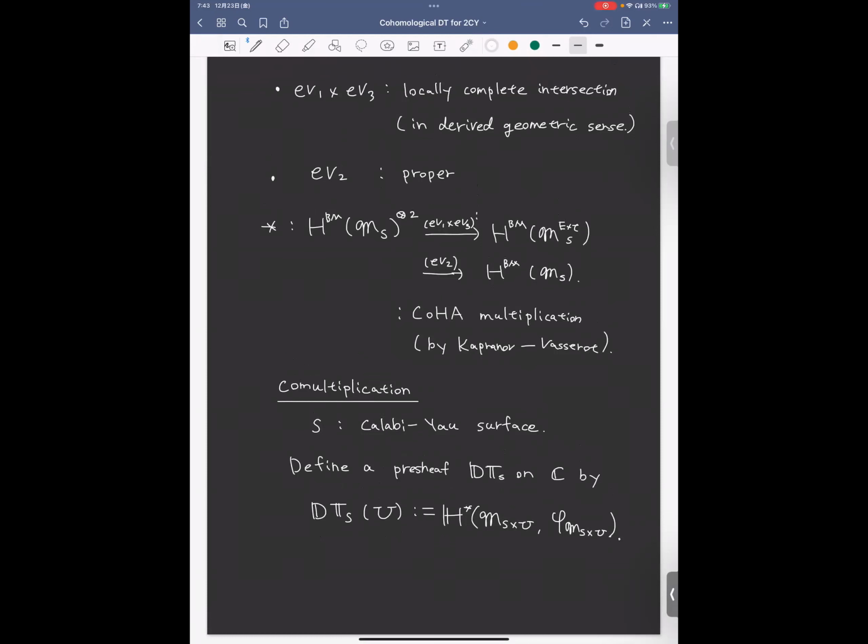Okay, and the restriction morphism is defined by the natural restriction morphism of the perverse sheaf.